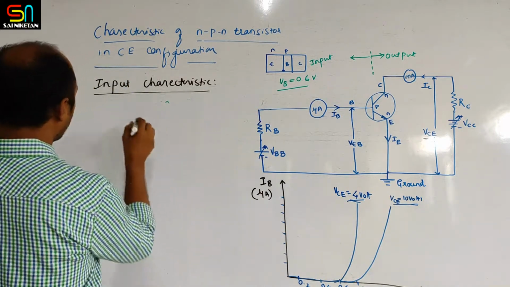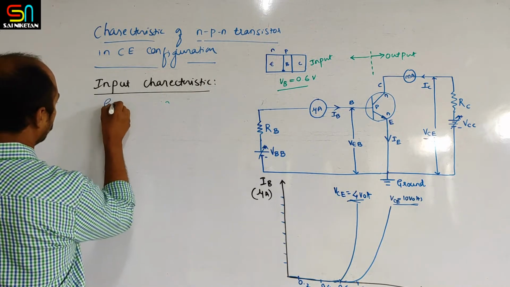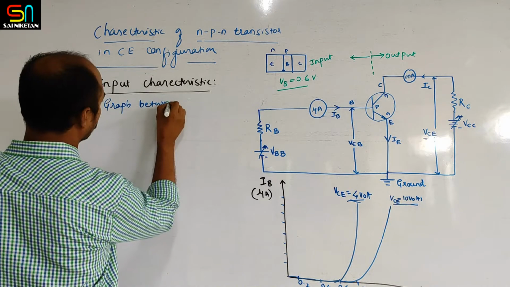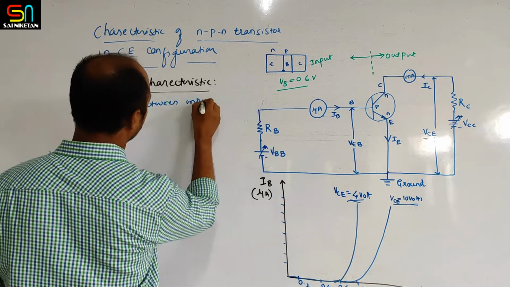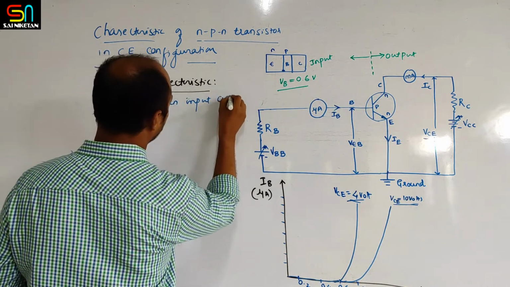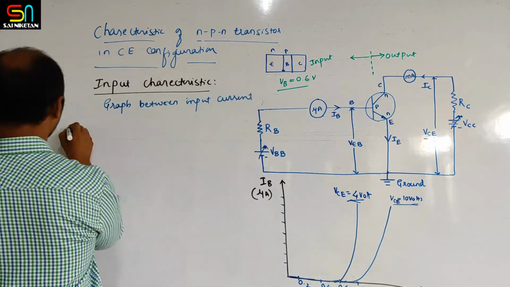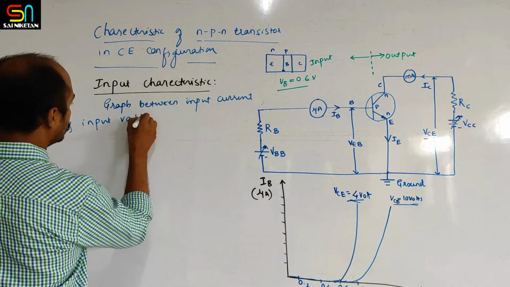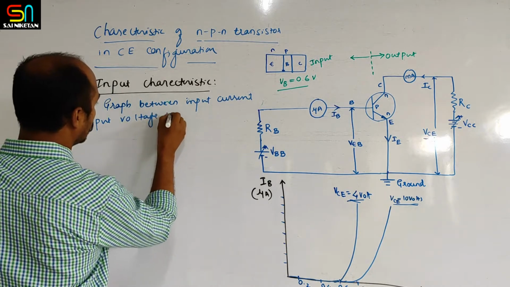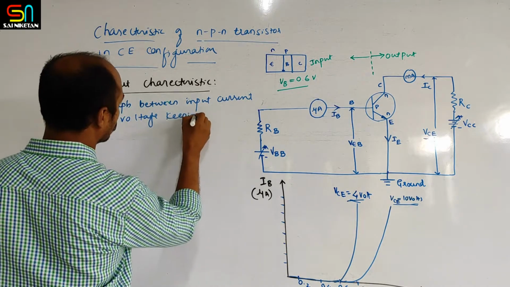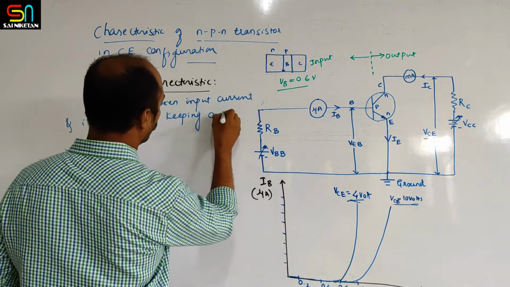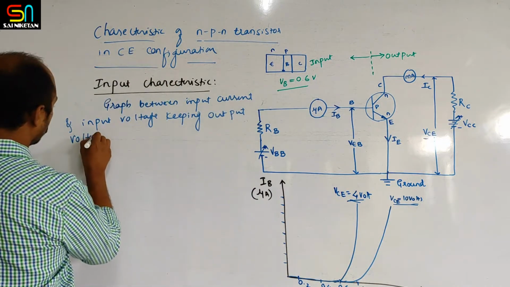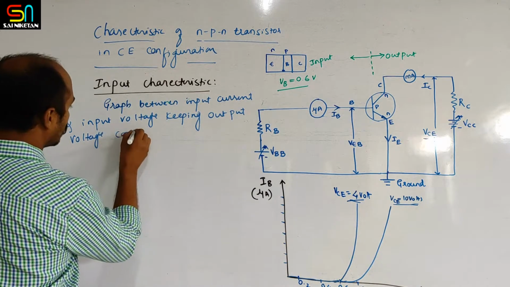In simple words, I'll write: input characteristic, a graph between input current and input voltage, keeping output voltage constant.